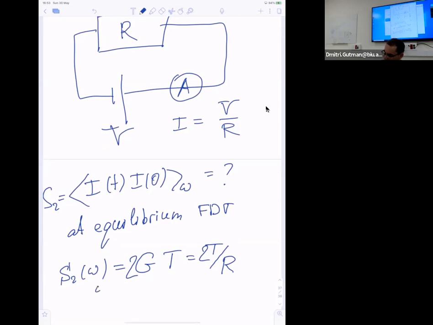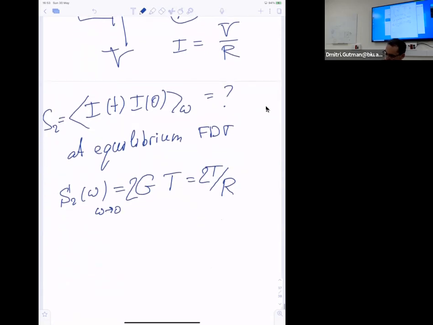This is for the omega goes to 0 limit. A more accurate expression is G times h bar omega times coth (hyperbolic cotangent) of omega over 2 temperature. So this is the exact quantum mechanical result.